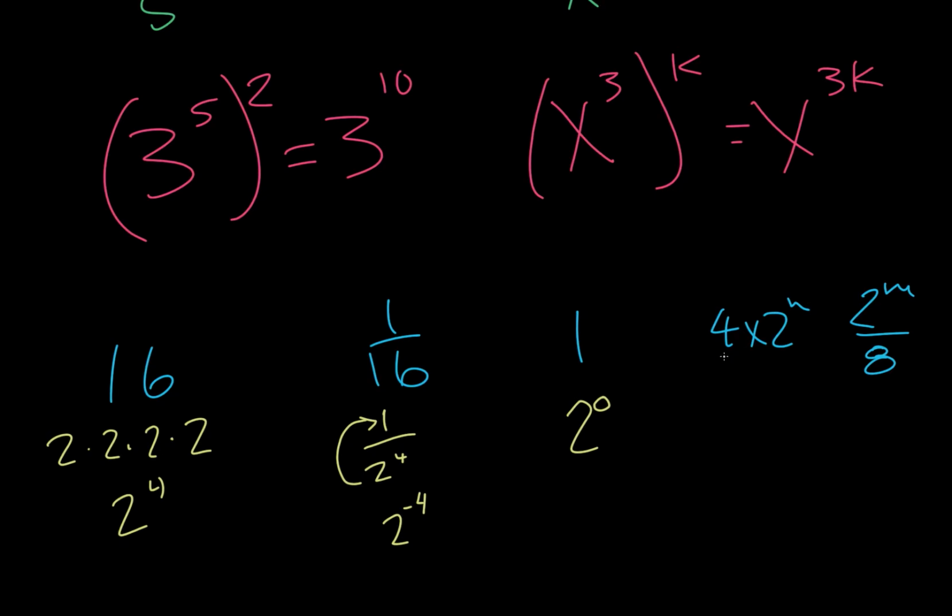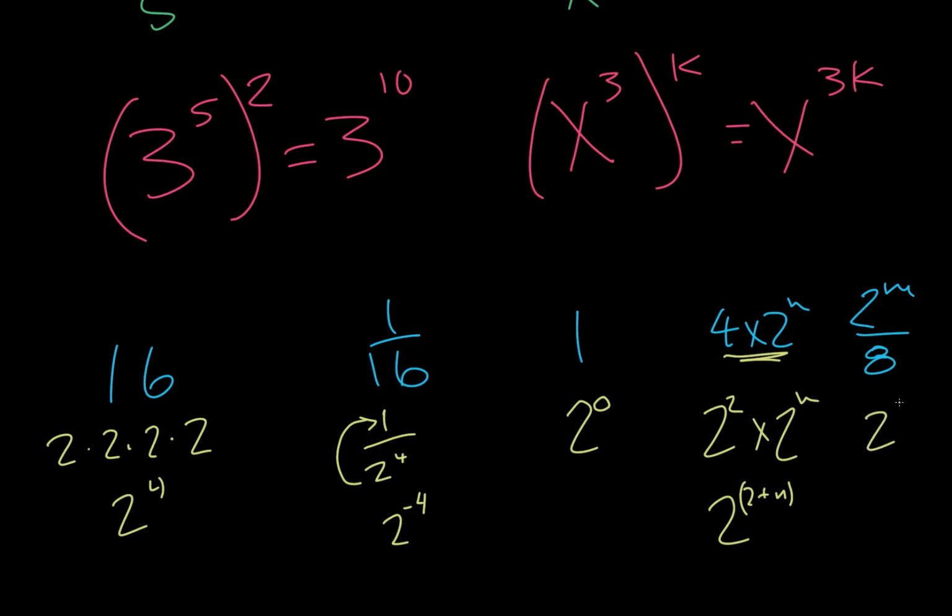Okay, this one over here, we're going to use a couple different rules. So 4 can be written as 2 squared, and then 2 to the n. And now we need to combine this. So our very first rule said we add exponents in this situation, and so we get 2 to the 2 plus n. And the final one over here, we're going to use similar thinking to that one.